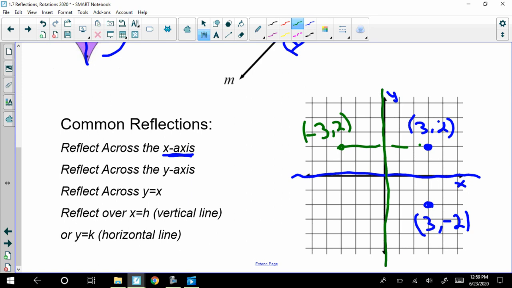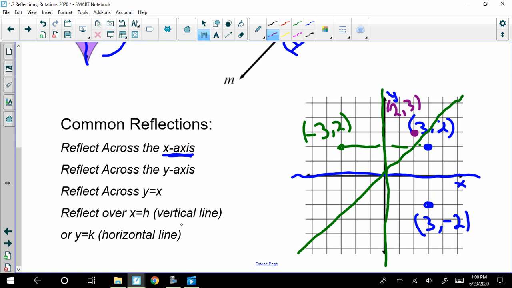Right? Y equals x is the line that goes through 1, 1, 2, 2, 3, 3, 4, 4, and so on. What happens when we reflect over y equals x is the x and y coordinates switch. So the reflection about y equals x is the point 2, 3.